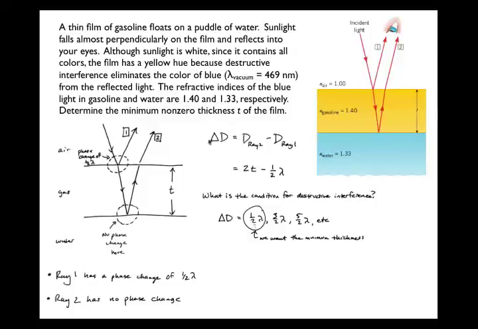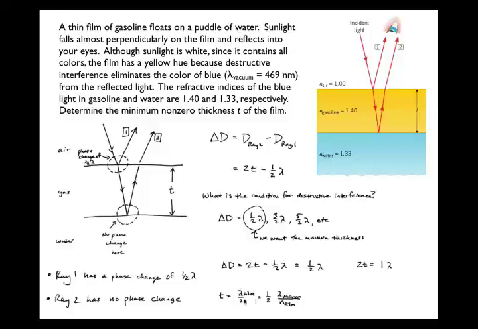So if I plug that in for delta D, I get that delta D equals 2 times the thickness of the film minus 1/2 a wavelength. And I want the path length difference to itself be 1/2 a wavelength. That means if we solve for the thickness, we can write 2t equals 1 wavelength, or t equals 1/2 of a wavelength. The only catch here is that thickness equals 1/2 of the wavelength of the light in the gasoline itself.